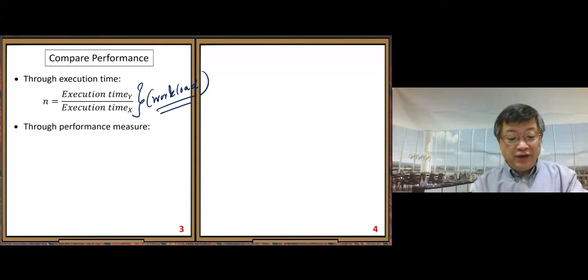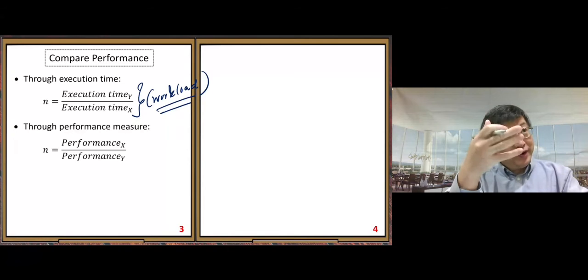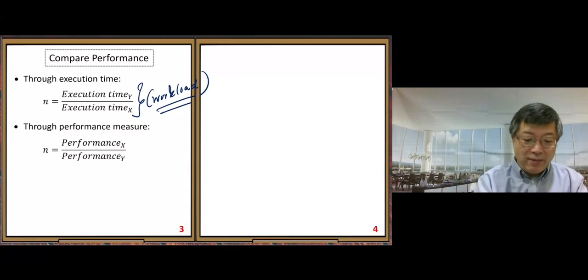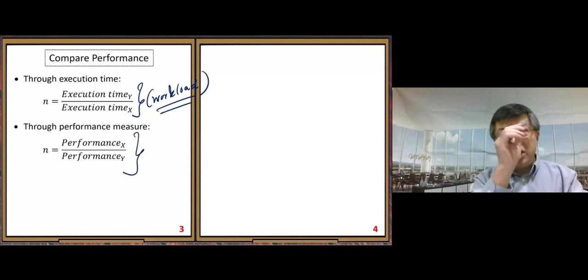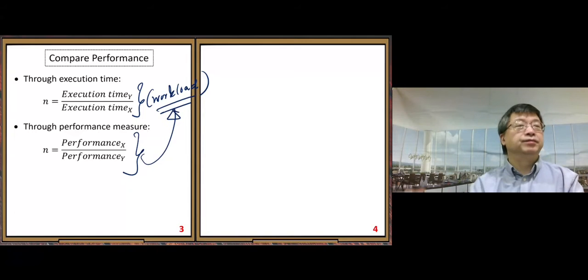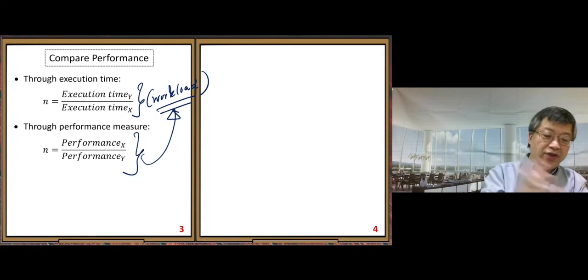Similarly, for the performance reciprocal, mathematically we can write it in this way, right? But remember, there is a hidden condition: same workload. Otherwise, you will get trouble. All right, so we finished this topic.